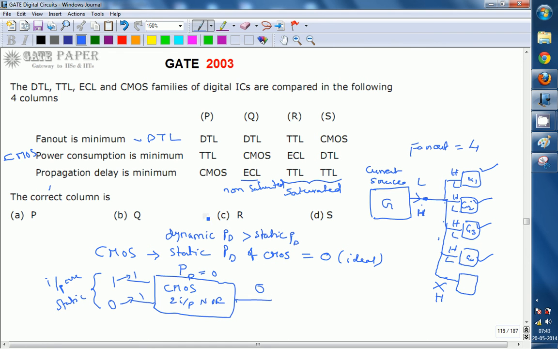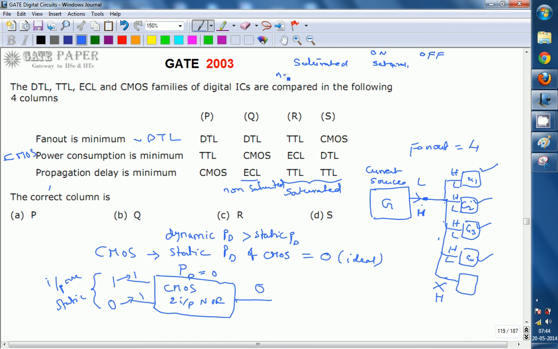Saturated logic family implies that whenever it is in the on condition and off condition, let us assume a logic family, if it is in the on condition, the transistor should go into the saturation region.